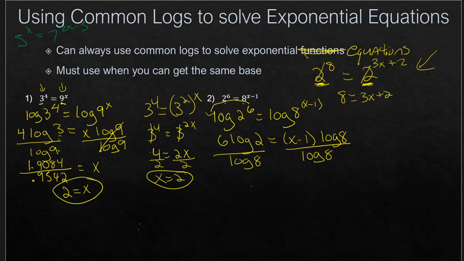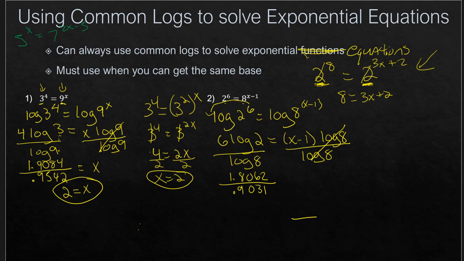Now, you can just key this whole thing in your phone, calculator, whatever you're doing. But I'm just going to write the decimals up just so you guys can see how I'm getting these numbers. So this will be 8062 over the log of 8, which is going to be 0.9031.